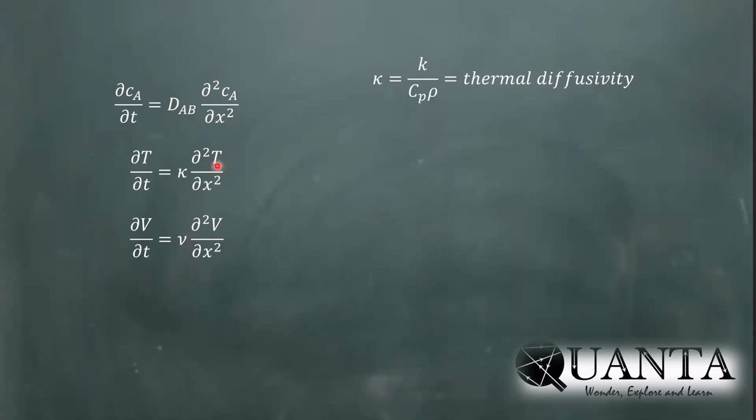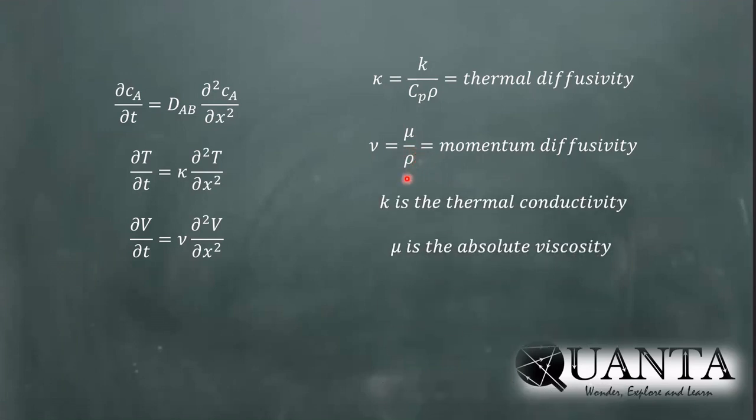The exact expression for thermal diffusivity is in terms of the thermal conductivity K, the specific heat, and the density. Kinematic viscosity, which is also the momentum diffusivity, is the ratio of absolute viscosity divided by the density. In the next session, we will see the derivation of these expressions.